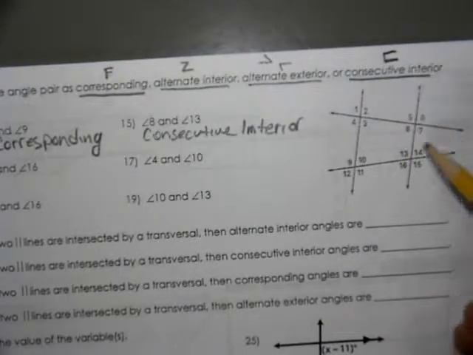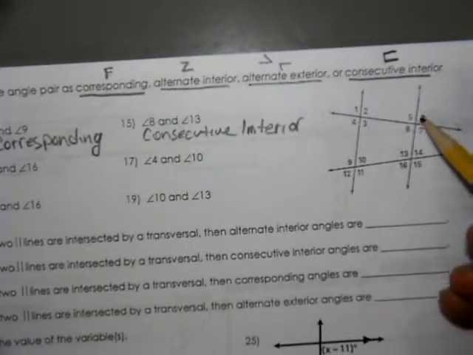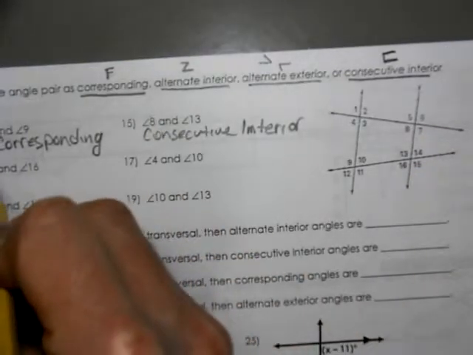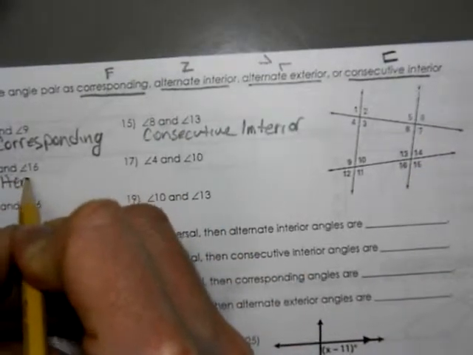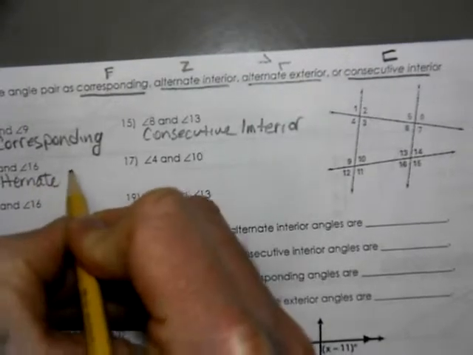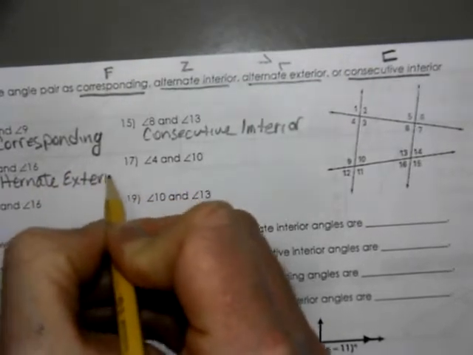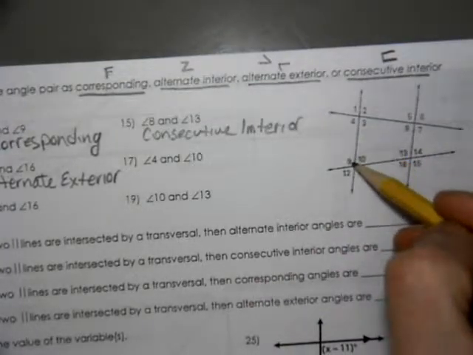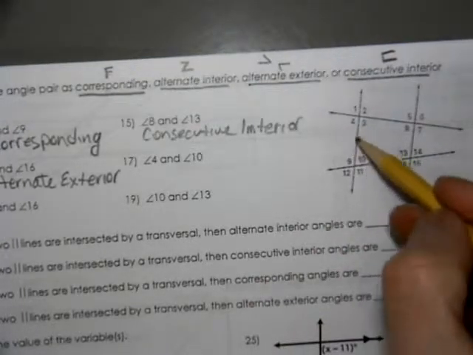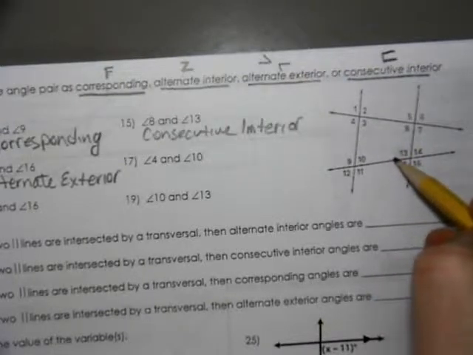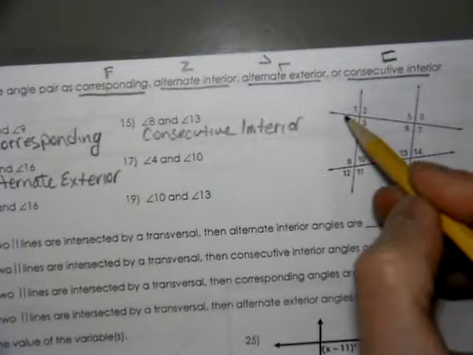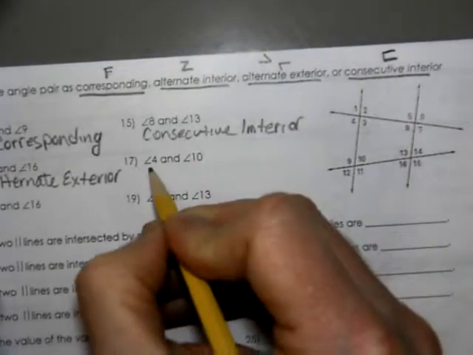Here, they're on the outside of your 2 lines on opposite sides of the transversal. Alternate exterior. 4 and 10. They are on opposite sides of this transversal, but they make this zigzag shape. So the zigzag shape is alternate interior.